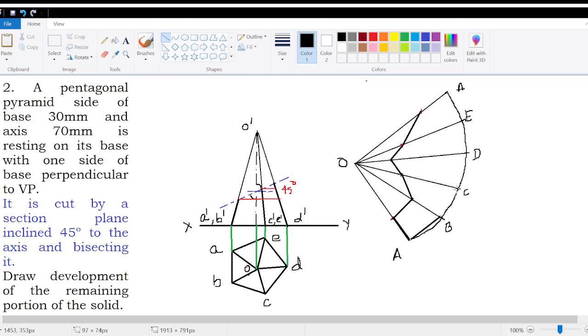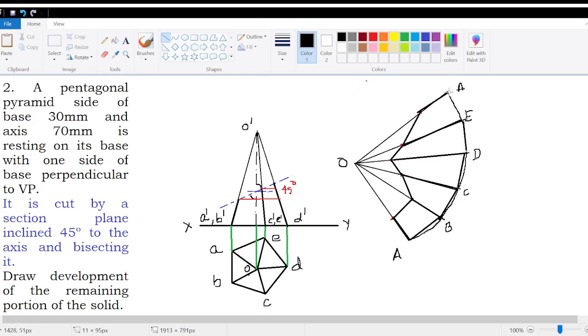This is the base, this is another base, and join all this. So this gives the final answer.